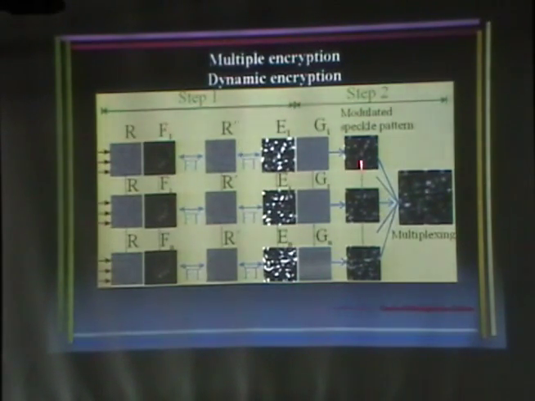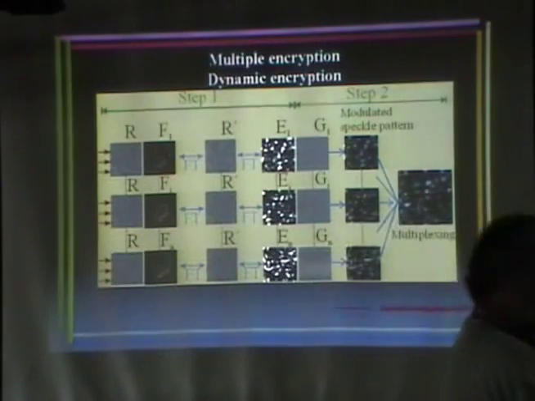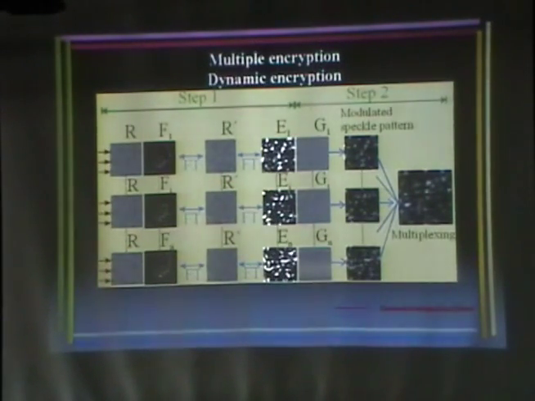You see the difference? Now, we are not using any parameters. We are not tuning parameters inside the encryption machine. Outside, you modulate with a grating and then multiplex.